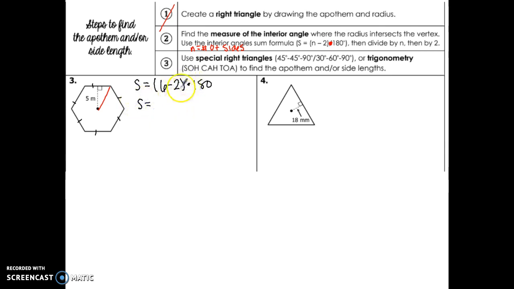And when we do that, again, that can't be input into the calculator all at once. We should get 720. However, 720 is the sum of those interior angles. We still have to find each one of those individually. That's where this comes in: you divide by n, aka divide by the number of sides. So we said that was 6. So we'll take 720 and divide that by 6.